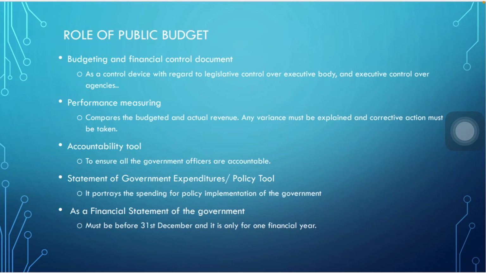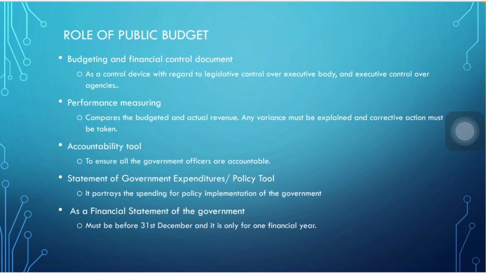Next, accountability tu. Accountability ni maksudnya kebertanggungjawaban. So, bila ada public budget ni, kita sebagai rakyat, suara rakyat diangkat dalam parlimen. So, kita sebagai rakyat, kita sebagai pembayar cukai, kita mempunyai hak untuk tahu di manakah duit-duit ini dibelanjakan oleh kerajaan negara.